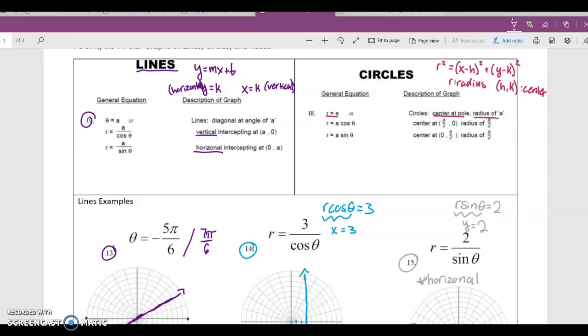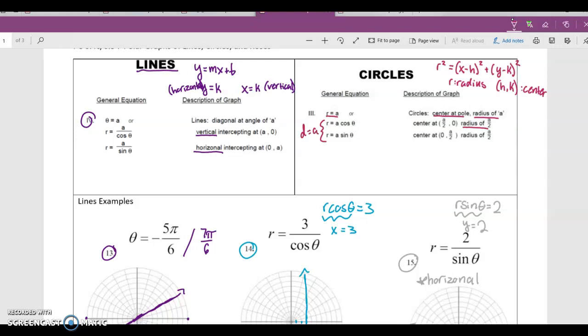For this one, you have your center at a divided by 2 and a radius of a divided by 2. So this means that your diameter is a, since the radius is a over 2. And then same thing here when you have a sine of theta. The only difference is your center switches so that it is at 0, comma a over 2 instead of a over 2, comma 0. So for these ones, your diameter is equal to a, not your radius.